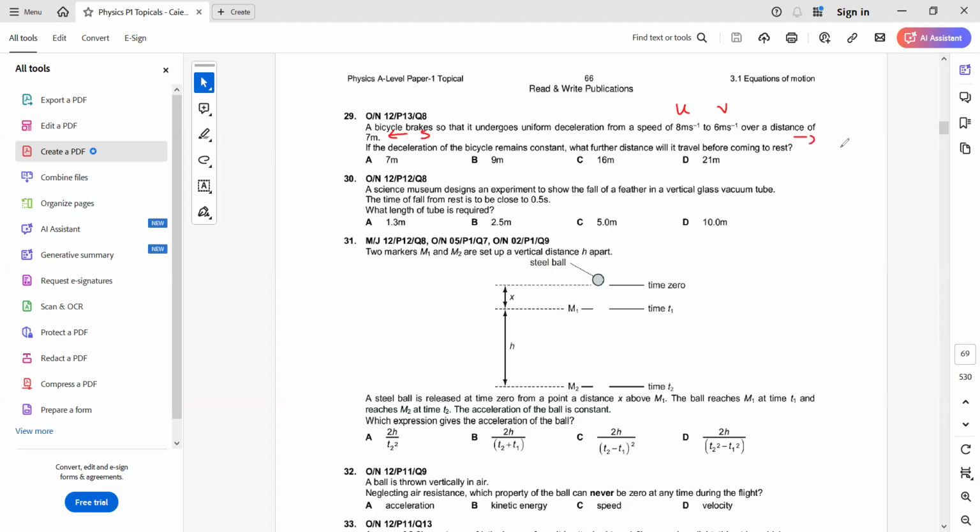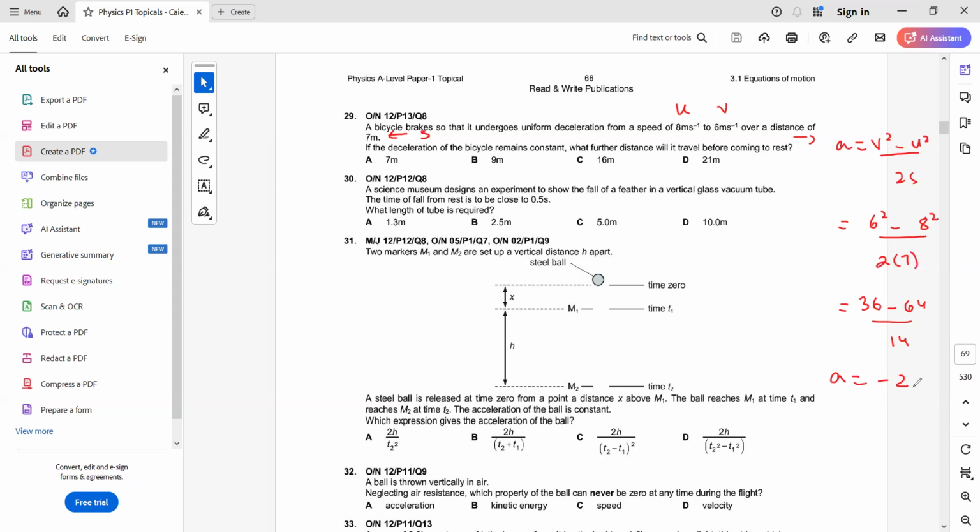So let's find the deceleration using the given data: v squared minus u squared over 2s. v is 6, u is 8, and 2 into s. So that's 36 minus 64 over 14, which is negative 2. Acceleration is negative 2.